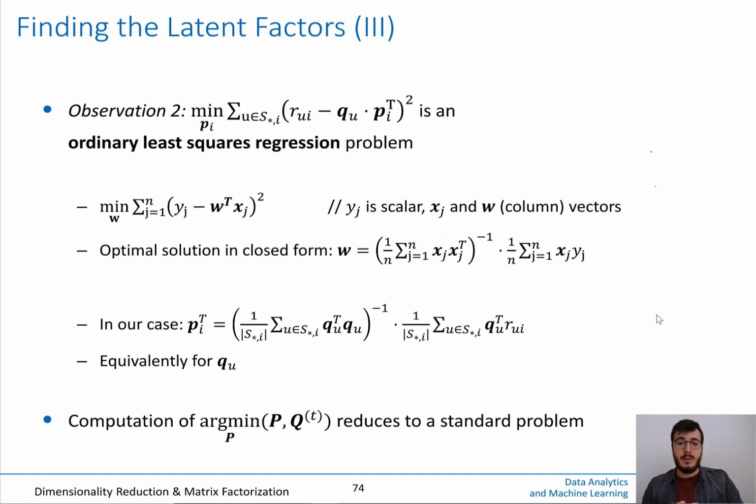We're given a set of instances, in this case n instances, and each instance has a feature vector xj, let's say a d-dimensional vector, and a scalar label or regression target yj. We're trying to fit a linear model where the prediction is simply w transposed xj, where w is the vector we're optimizing over.